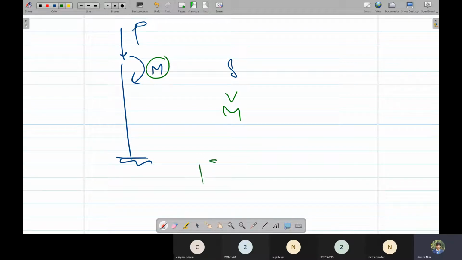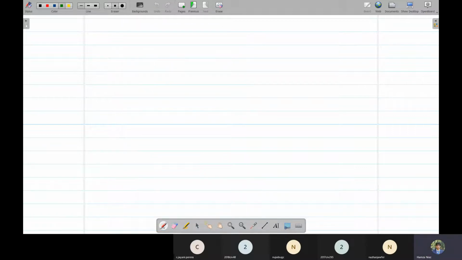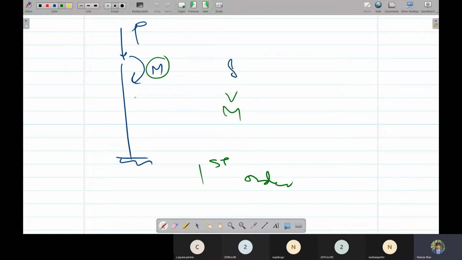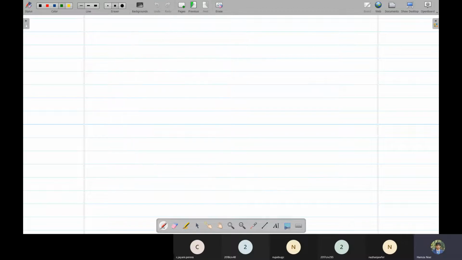This is first order. Second order is that due to the first order loads, due to the structural response after the first order loads. For example, due to this load and this moment, the column is deflecting like this.